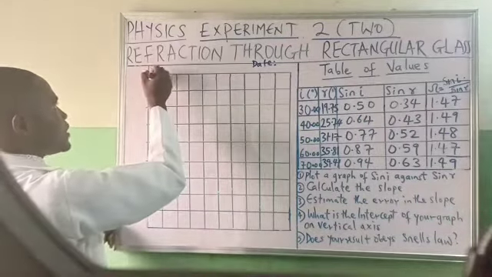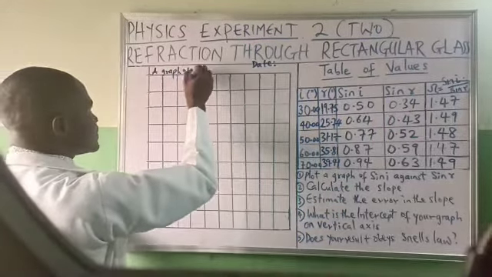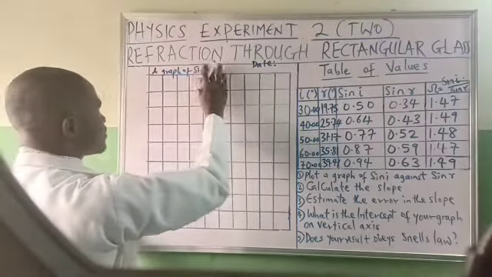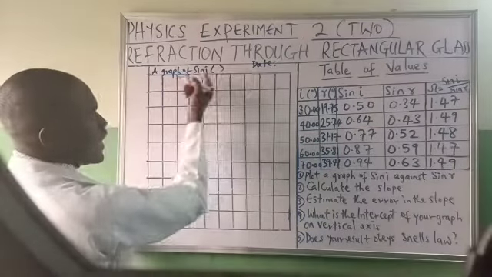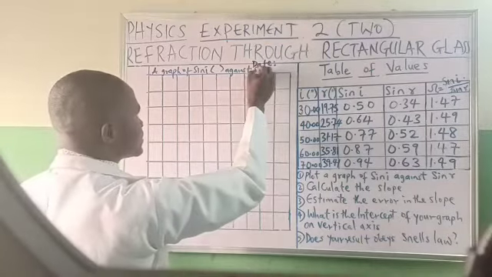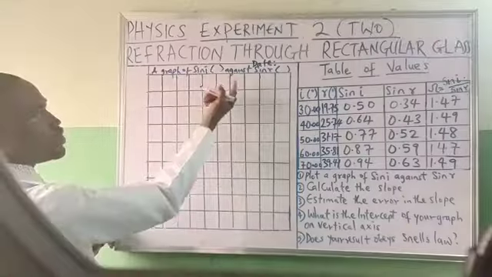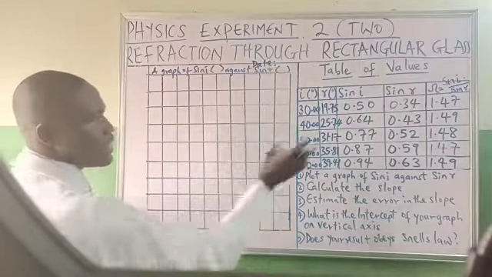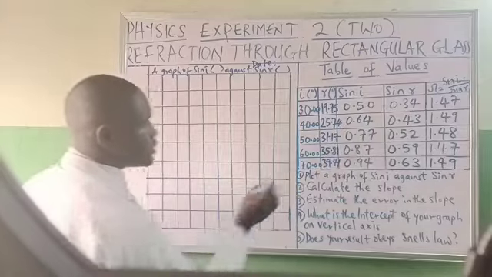Here I'm plotting a graph of sine i against sine r, and I'll put the units by the side. If it has no unit, don't put anything. Like this one doesn't have any unit, so you don't put it.